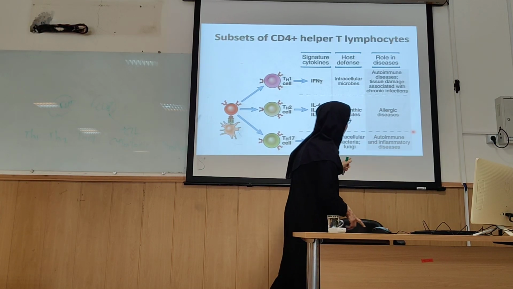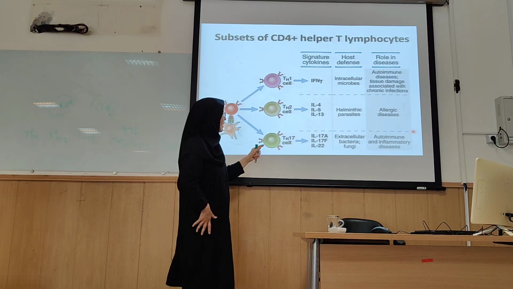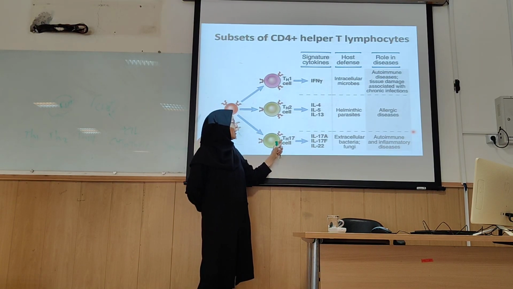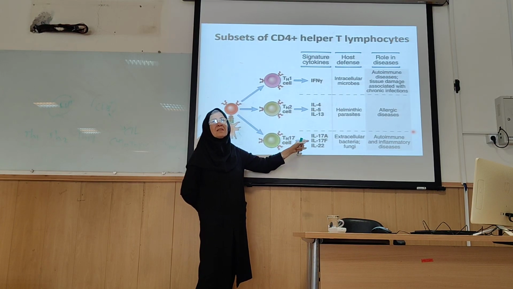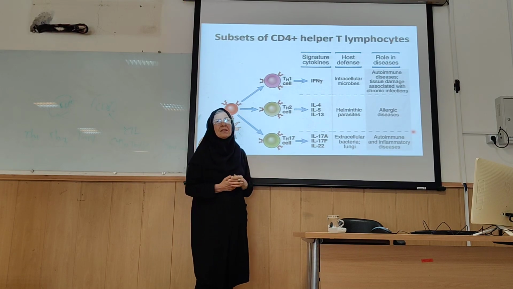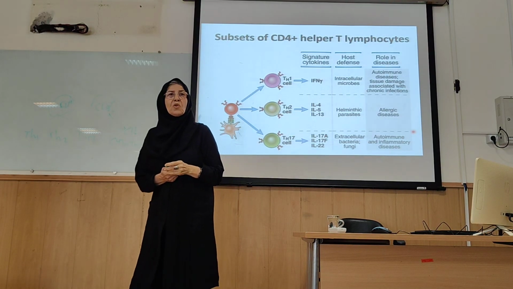A monoclonal antibody against IL-17 is now used for the treatment of some autoimmune diseases, such as psoriasis.